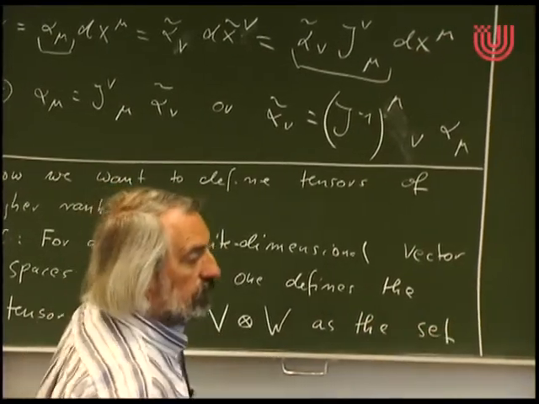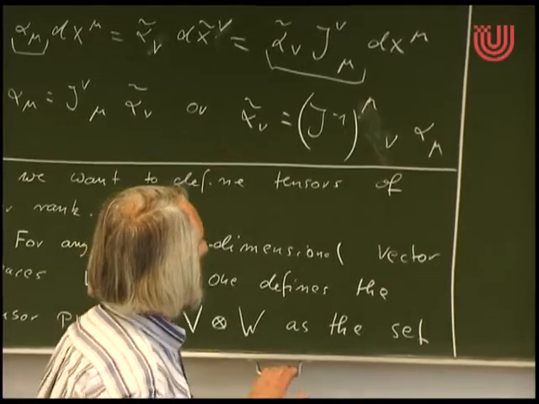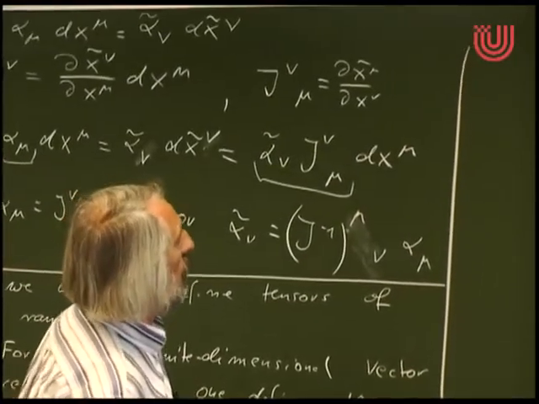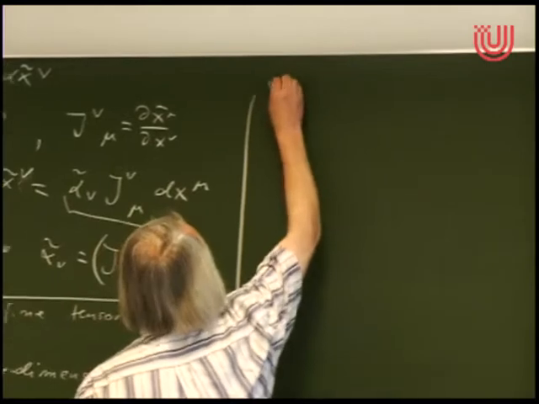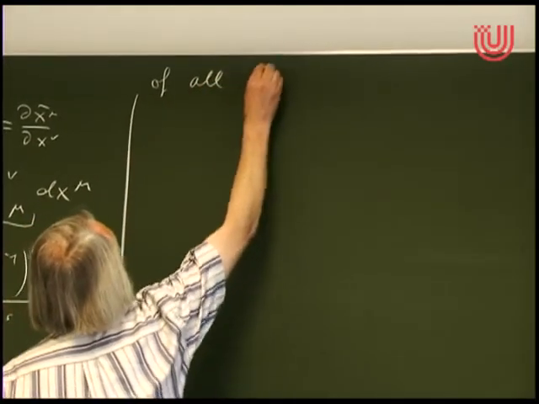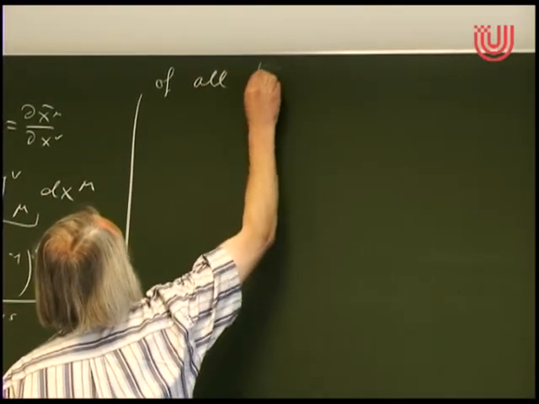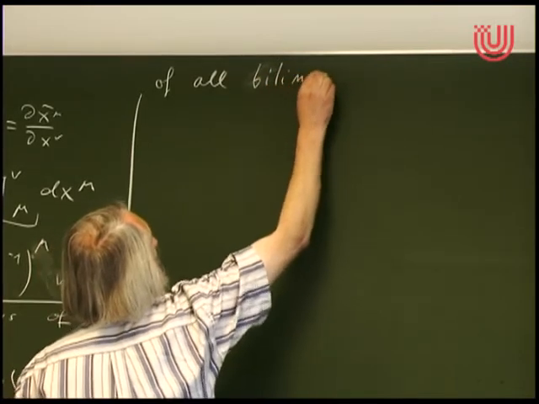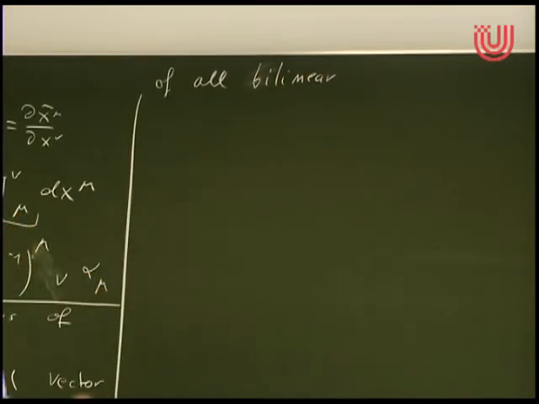Of all bilinear maps. It has two entries, so that's why bilinear means linear in each entry.